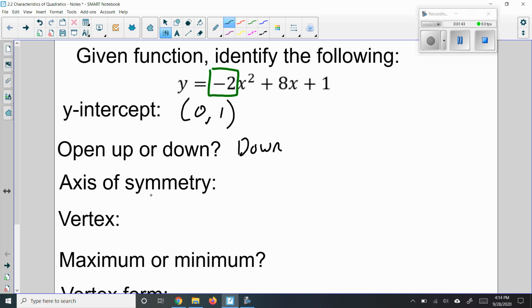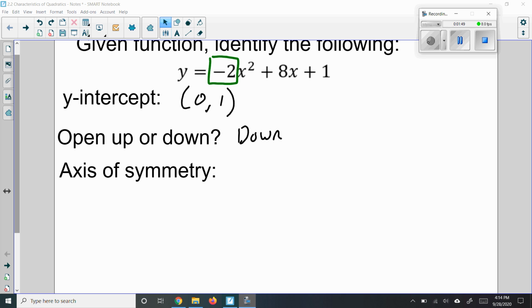Now, to find the axis of symmetry, we first need to find the x value of the axis of symmetry. So we have the axis of symmetry is x equals negative b over 2a. Well, here b is 8.